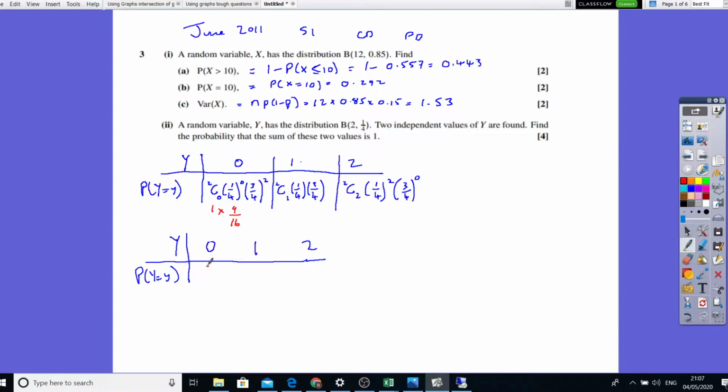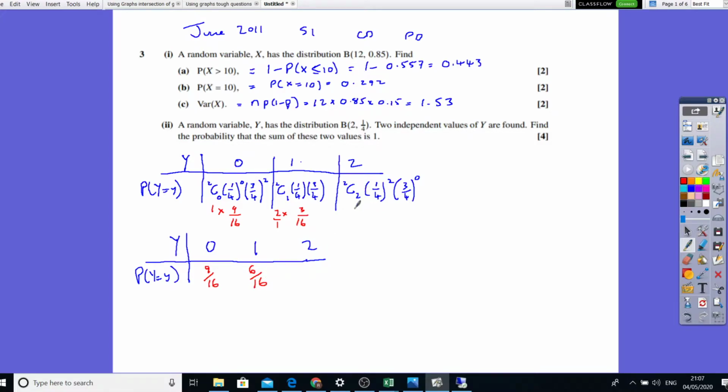So that's going to be 9 over 16. Now for 1: 2 choose 1 is 2, times 1/4 times 3/4, 3 over 16, so 2 times 3 is 6, over 16.